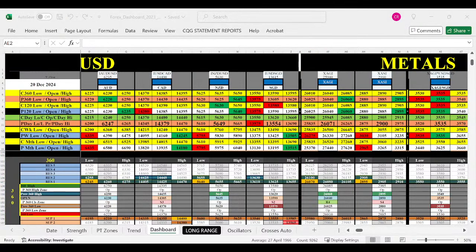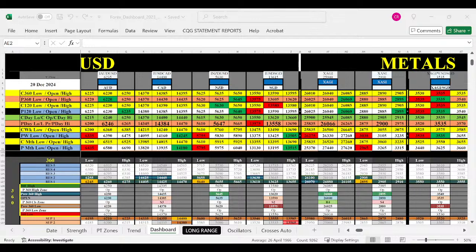But as I told you, we have to give 15 minutes for this movement to finish. If the movement comes out fast, then I think we should be able to get the order filled. But since the market is a bit slow, we will give more time.